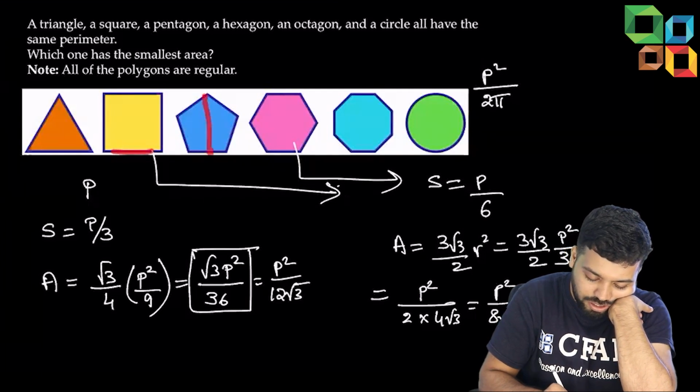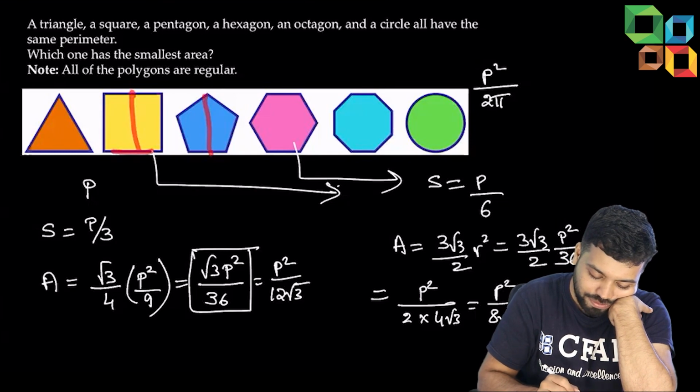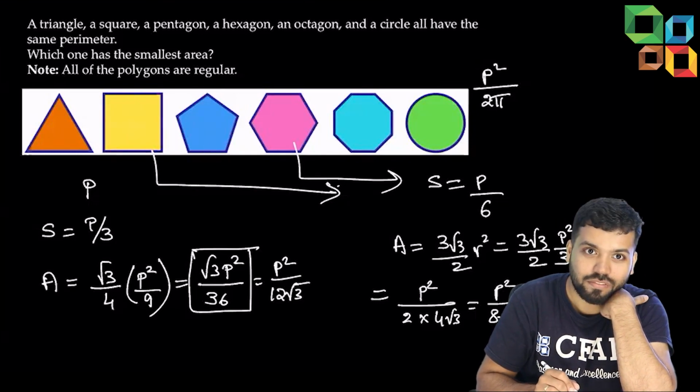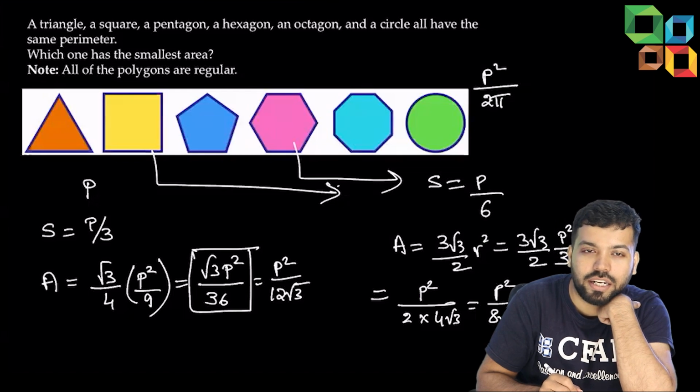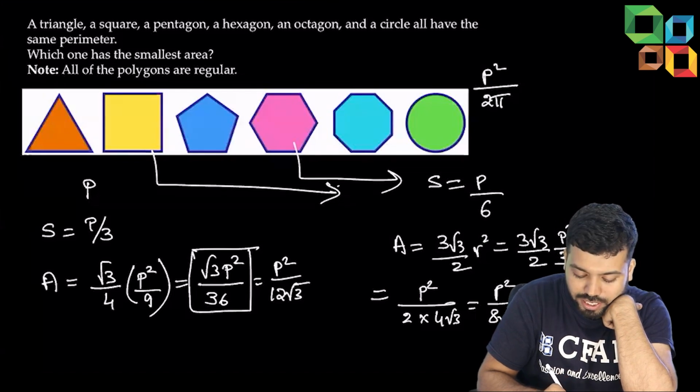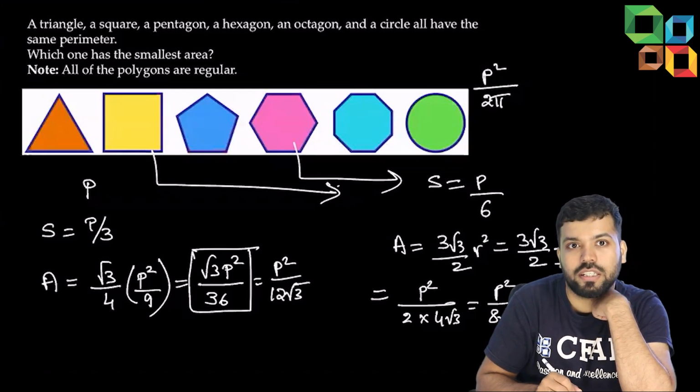Then we cannot have the height to be the same. Yeah, but the height is not directly related to the sides, right? There will be some factor. Height is related to the sides as it is a regular one, right? Yeah, but there will be some factor that will make up for that.